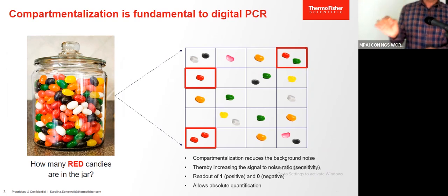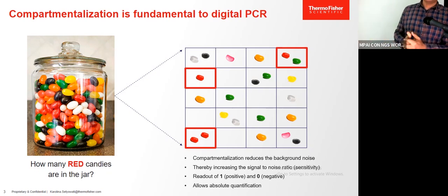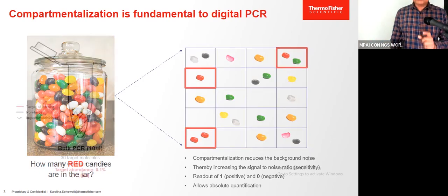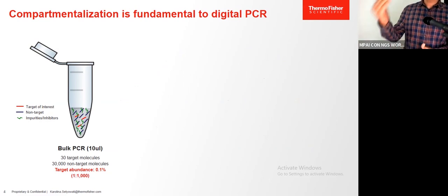Compartmentalization is crucial across the different digital PCR platforms. Depending on the technique used for compartmentalization, you have different offerings, and one of them is ours. Similarly, in the context of oncology, let's say this is a 10 microliter reaction with 30 target mutant molecules against 30,000 wild types.